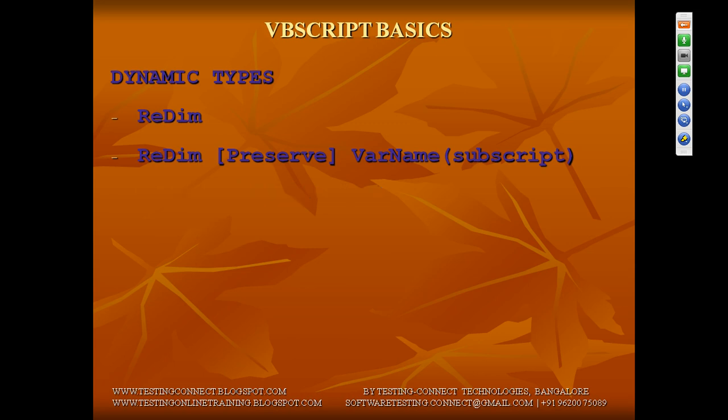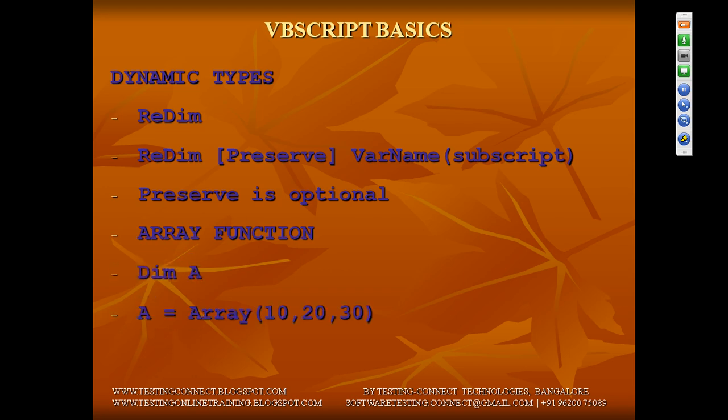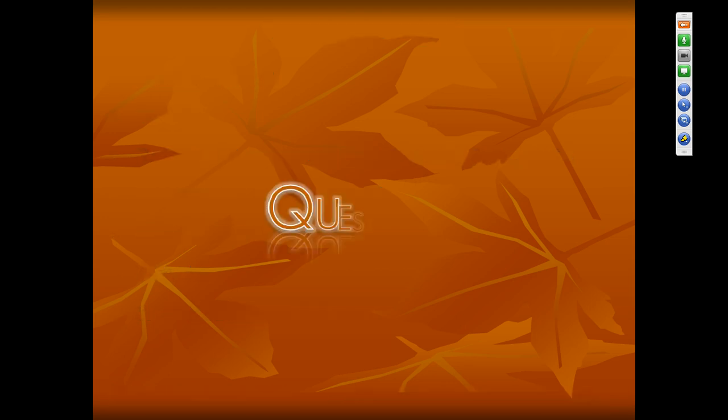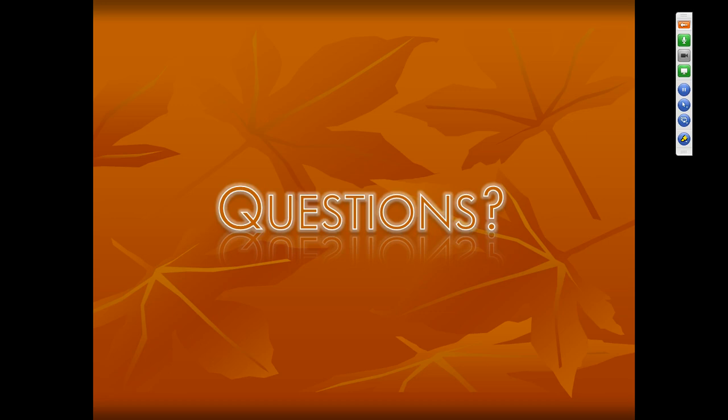So this is the statement, this is the syntax to define dynamic arrays. Here, in square brackets, Preserve is given, that means Preserve is optional. The Array function we already discussed. These are nothing but your variable declarations.